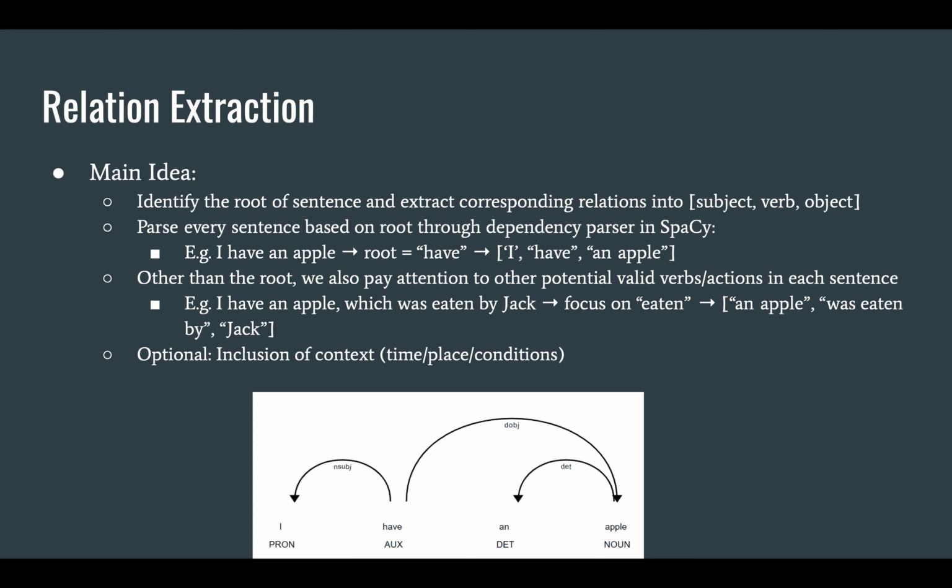We parse every sentence based upon the root, and other than the root, we also pay more attention to other potential valid verbs and actions in each subpart of the sentences. Optional is the inclusion of context, such as time, place, and conditions, and the graphic demonstrates how the dependency parsing works.